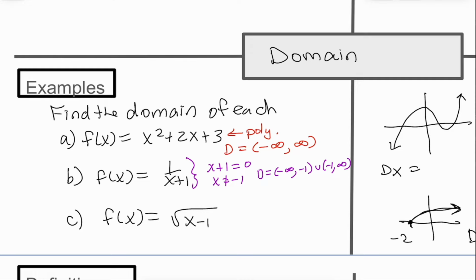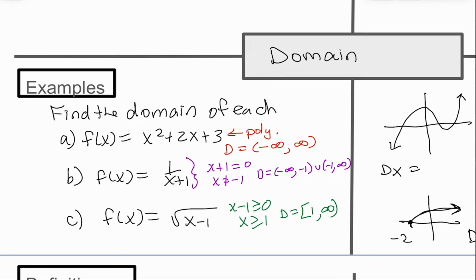On our last one here, because it is a square root, just take the inside, set it greater than or equal to 0, and then just solve. So that's x is greater than or equal to 1. How do we denote that on a number line or in interval notation? I start at 1, it's included because of the equal to, and I can go on to infinity.